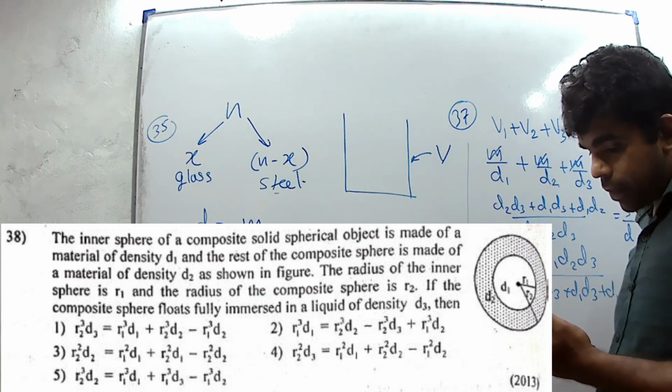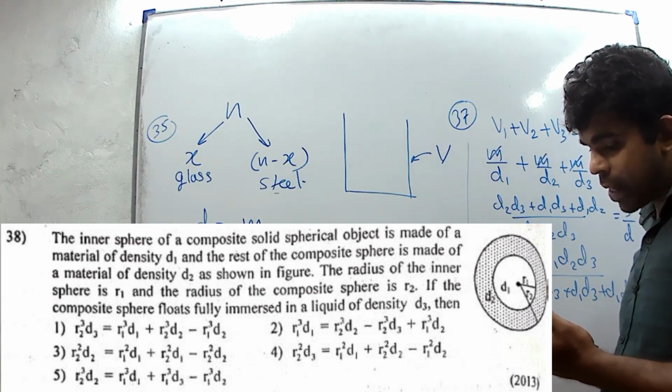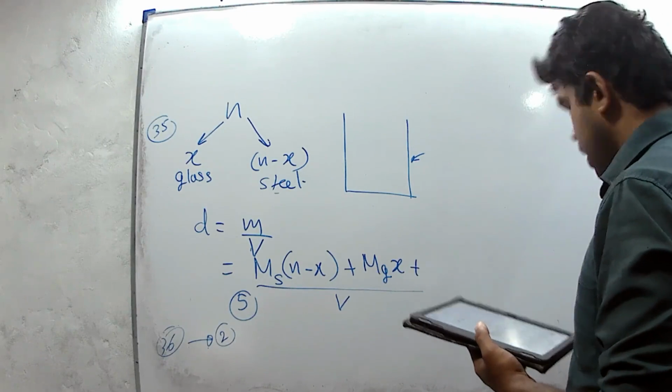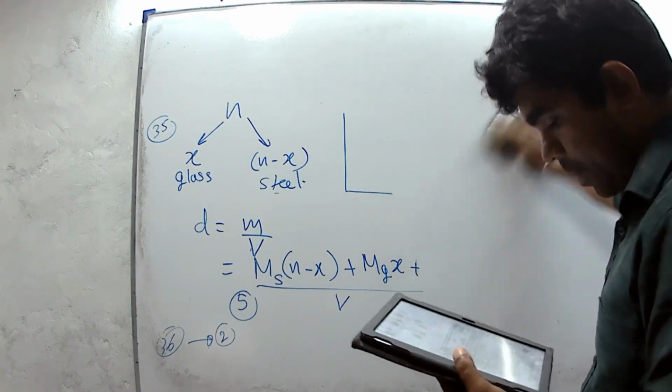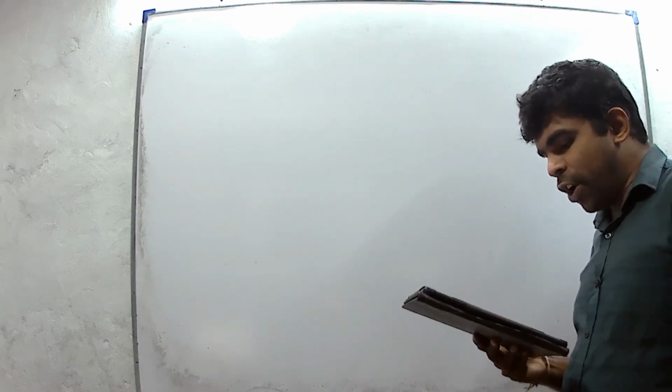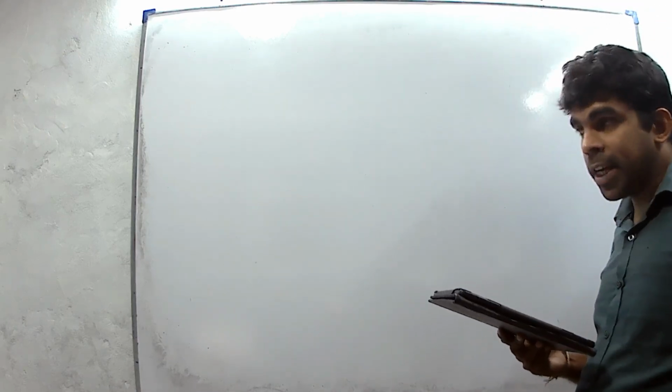If the composite sphere floats fully immersed in a liquid of density d3, we know that if an object is floating fully immersed in water or any other liquid, the density of the liquid should be equal to the density of the given object.